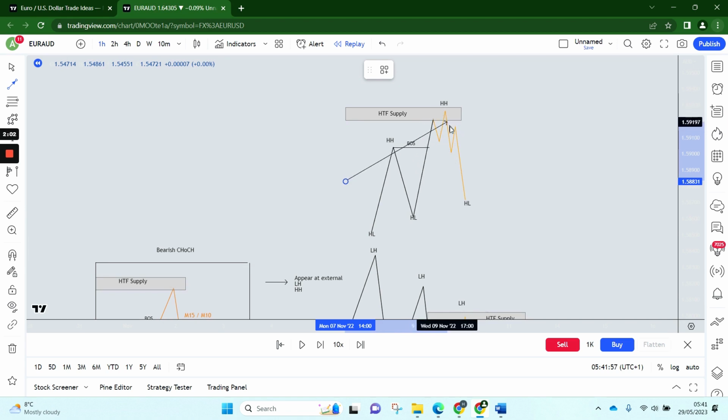Once this occurs, we re-enter on a lower time frame supply, and this provides a signal to us that the lower time frames are ready to facilitate that pullback to create that higher time frame higher low.